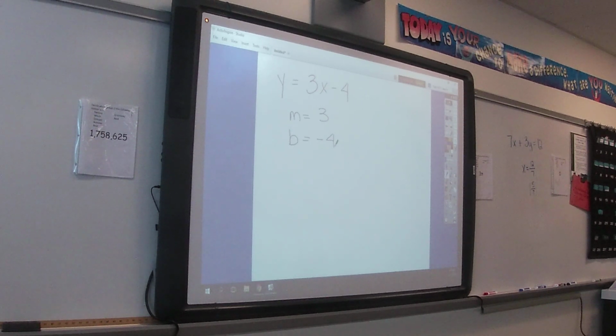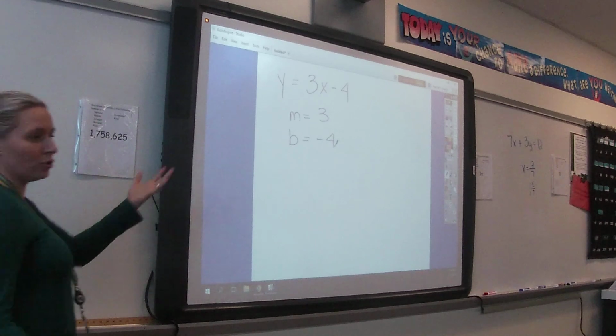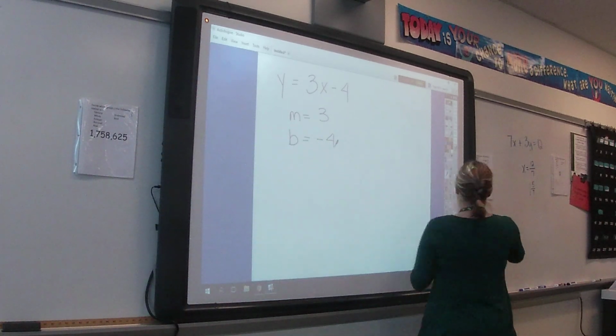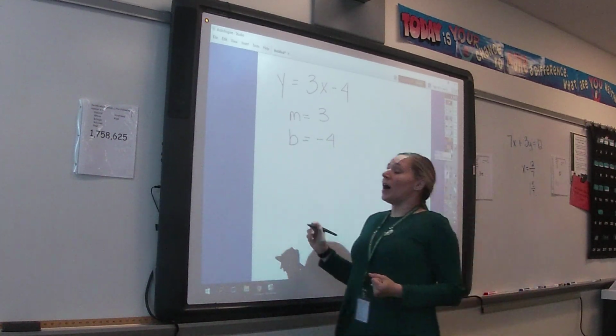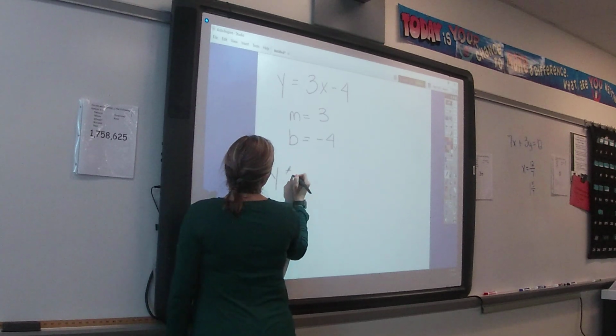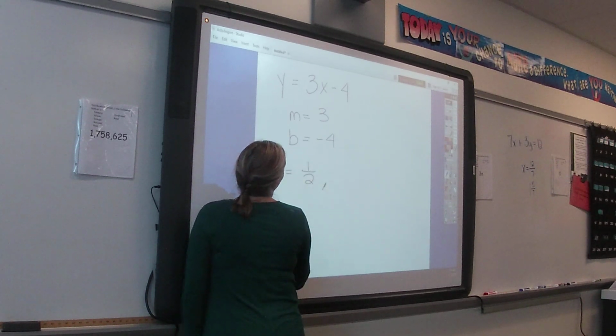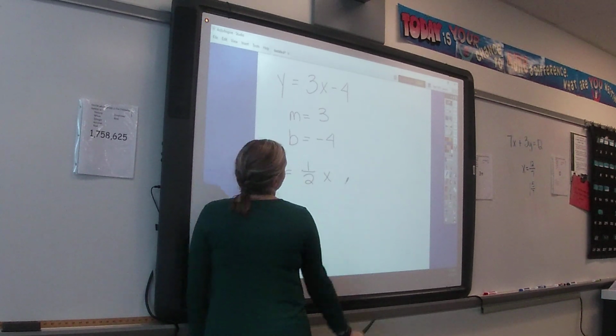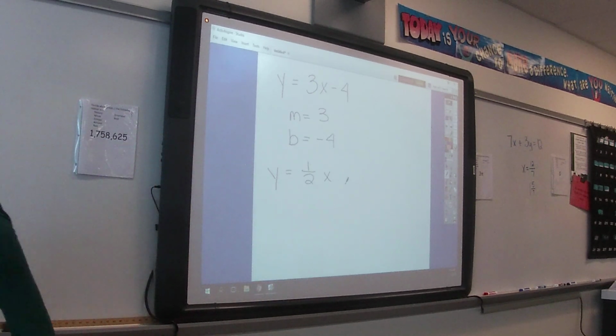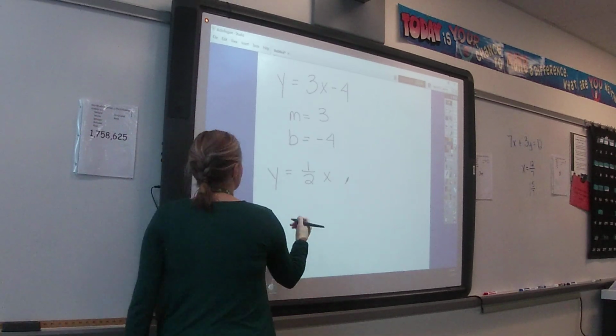I mean, there's no trick there. That is m and b. Okay, if I say y equals 1/2 x, just leave it at that. What does m equal? 1/2.